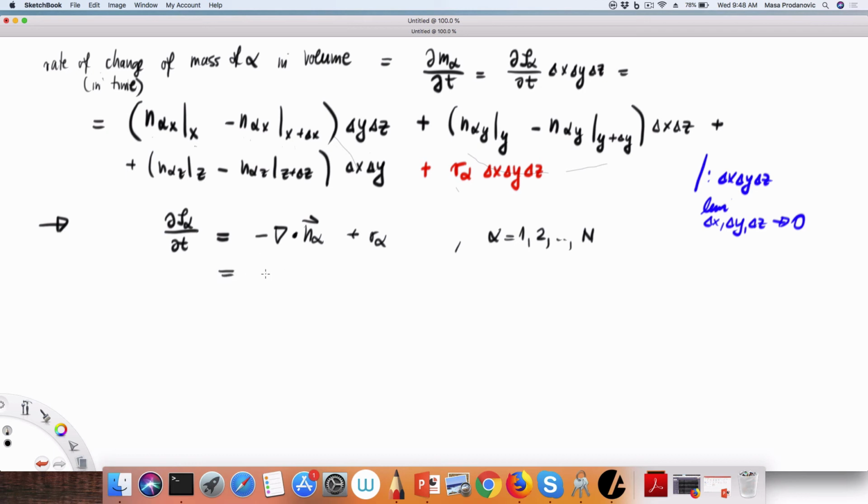And I'm going to break this down into components because my N alpha is combined. So it's really minus divergence of J alpha minus divergence of rho alpha v plus R alpha. So this is just my diffusion as per Fick's law, diffusion only.